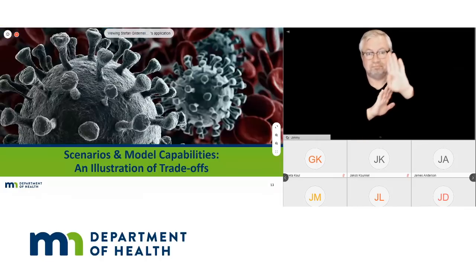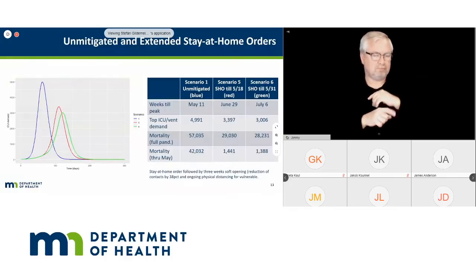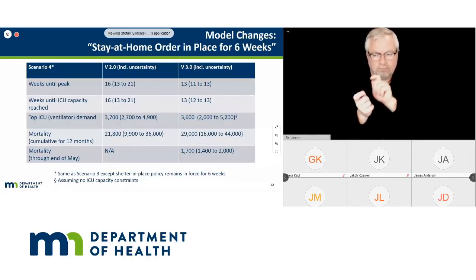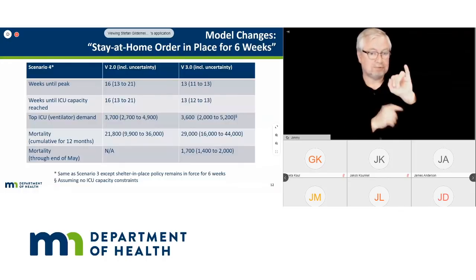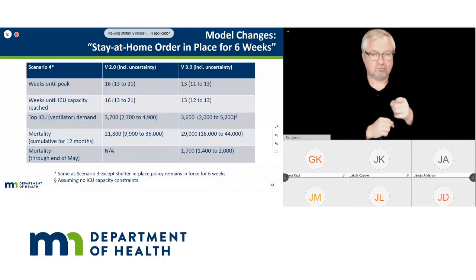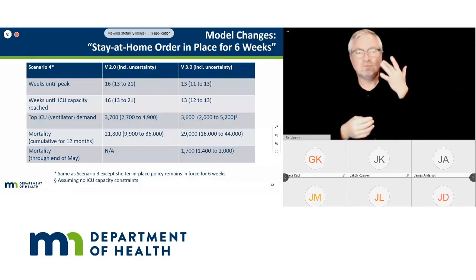Stefan, can I add one thing about the differences? If you can just go back to that slide. Version 2 versus version 3. Yeah, perfect. So one point that I do want to make is that we've changed how we're reporting the max ICU demand. Prior in version 2, that number reflects what was coming out of the model, where we hadn't modeled such an absolute mortality outcome for people who didn't receive ICU care when they needed it.